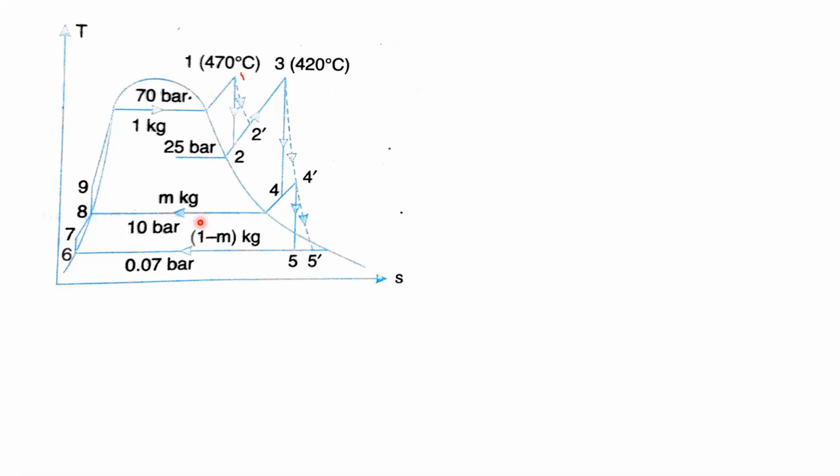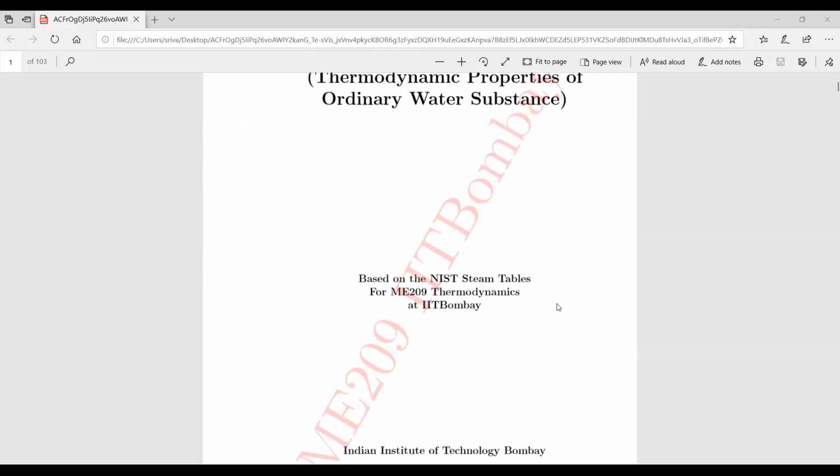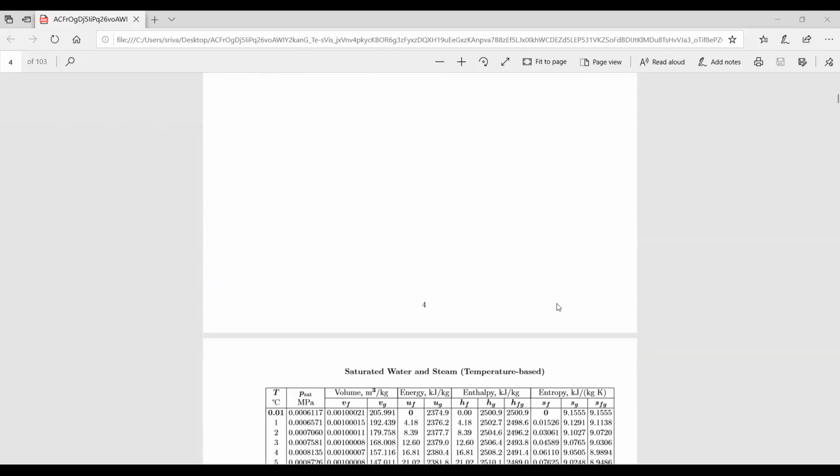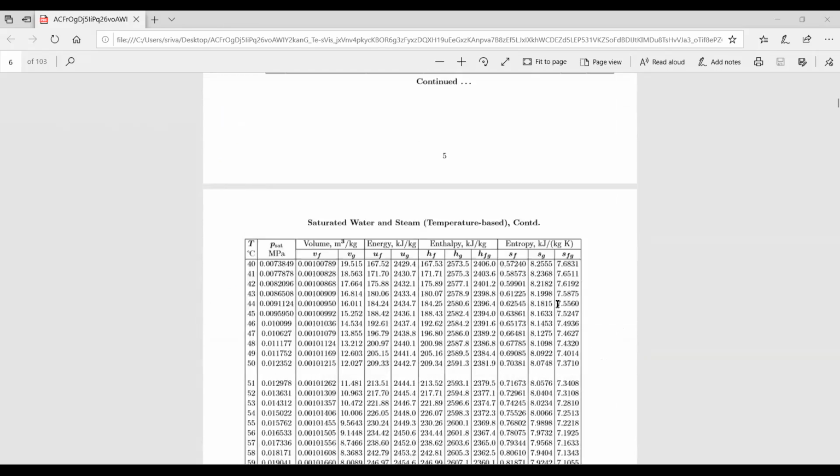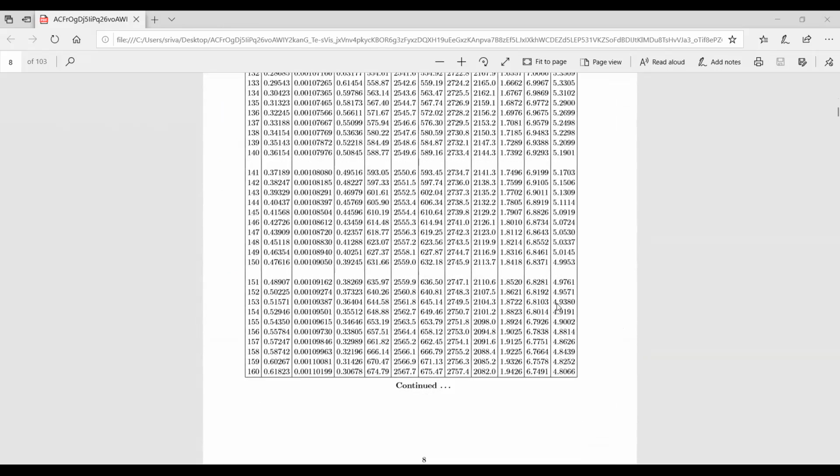For that, I have to go to 180 degrees centigrade. What pressure do I have to take? I am going to the steam tables, to the temperature-based tables, because I know the temperature only. These are the temperatures, and I am going to 180 degrees centigrade.